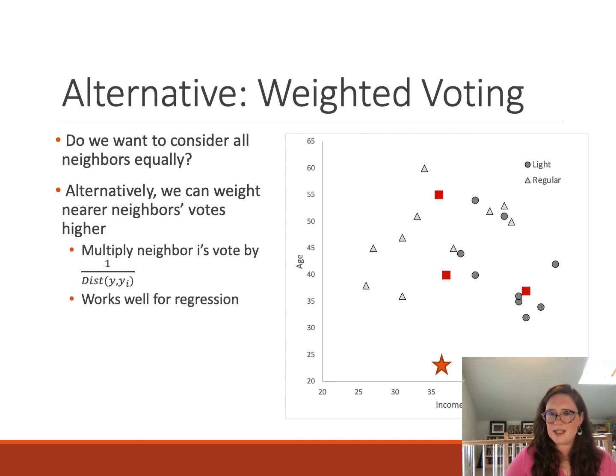That doesn't necessarily make sense. We often want to count closer neighbors as being more important in the vote, so we can apply a weighting to nearer neighbors' votes to make them more important in the final calculation. Using these weighted distances tends to work well for numerical regression, or for predicting numerical target variables.